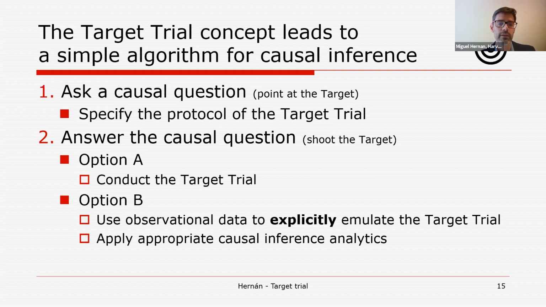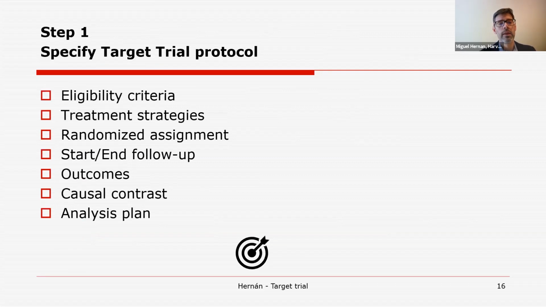And explicitly is really the key word here. So what I'm saying is that if we are doing an analysis of observational data, the first thing that we have to do is to design a randomized trial. And then when we design this trial, we write a protocol that has the main elements of the protocols of all randomized trials. Who is the population? What are the eligibility criteria?